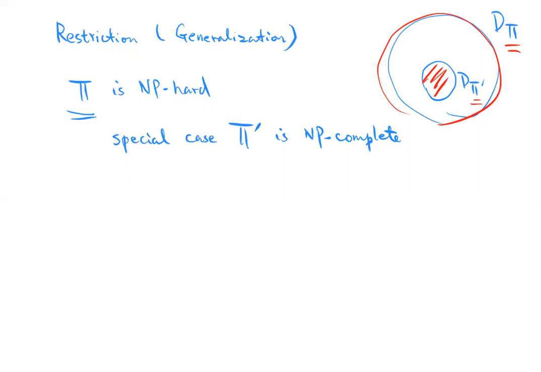So basically what we do is just find a special case of the problem from our toolbox. So in practice, it does not matter really whether it is NP-hard or NP-complete, because we're only concerned about hardness.